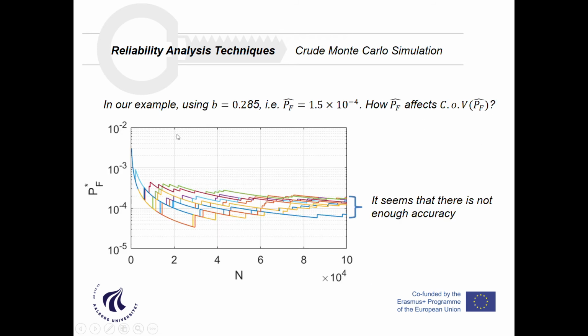Continuing with our example, using a value of beta equal to 0.285, which is equivalent to saying that the failure probability is 1.5 times 10 to the minus 4, how does PF affect the coefficient of variation? Here we can see different runs of crude Monte Carlo simulation.